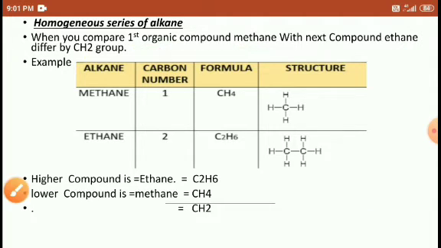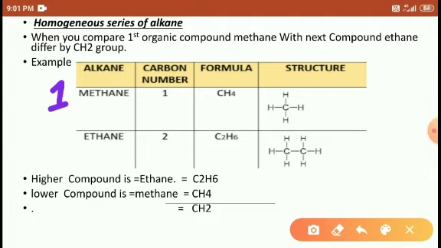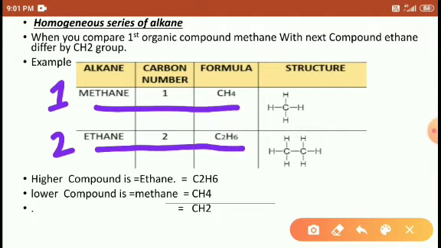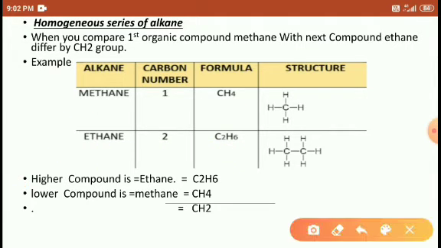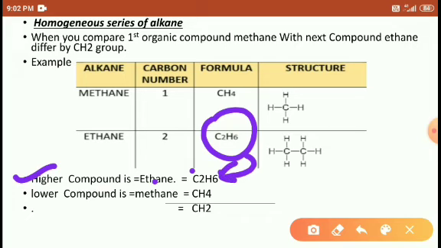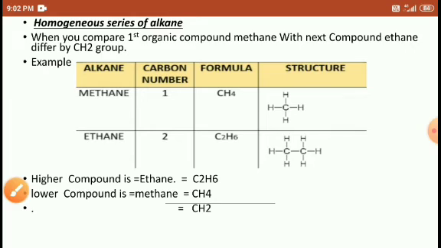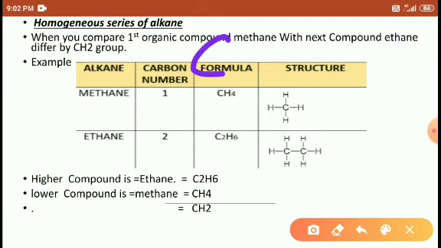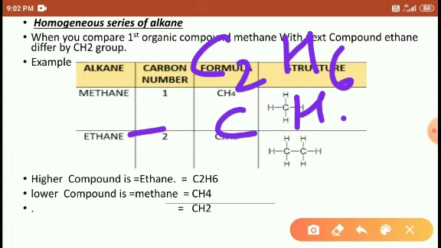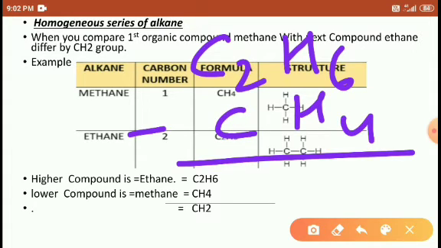The difference is a CH2 group. How? Look at here. Methane is the first organic compound and ethane is the second. Methane formula CH4, ethane formula C2H6. So first we take the higher compound ethane, C2H6, and the lower organic compound methane, CH4. When you subtract C2H6 minus CH4, what do you get?